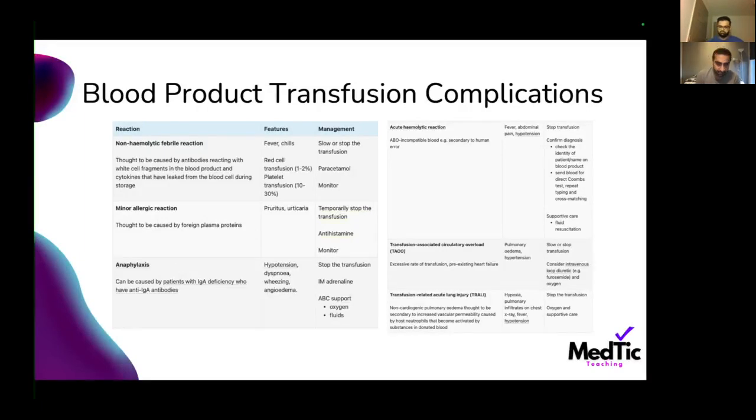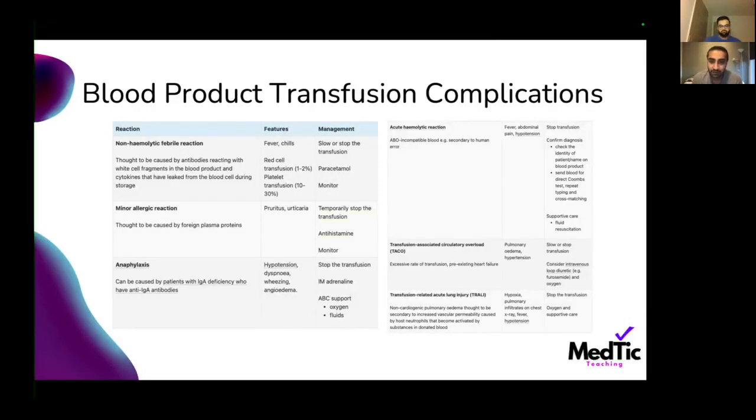You need to do your A, B, C, D, E, and specific for anaphylaxis is IM adrenaline with fluid resus. Acute hemolytic reaction is where you get more fever, abdominal pain, and hypotension. From there, you stop the infusion, you do your A, B, C, D, E, and then you start your fluid resus.